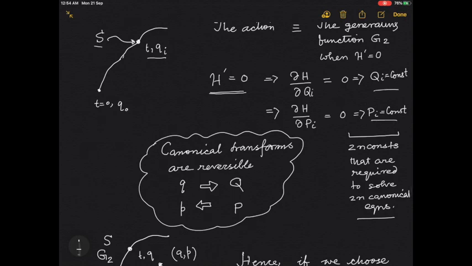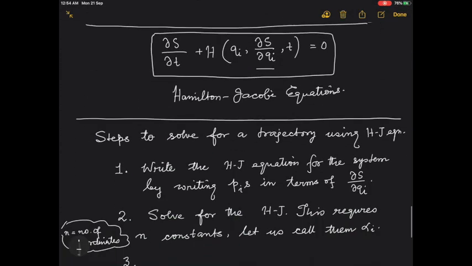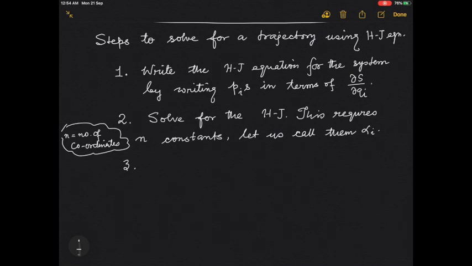The third step, so once you have solved this Hamilton-Jacobi equation, the solution is in terms of these n constants. And we realize that these constants can be either these or combinations of them. So I can set what they are. So I set alpha i's as capital Pi's. Okay. So now what do I have?